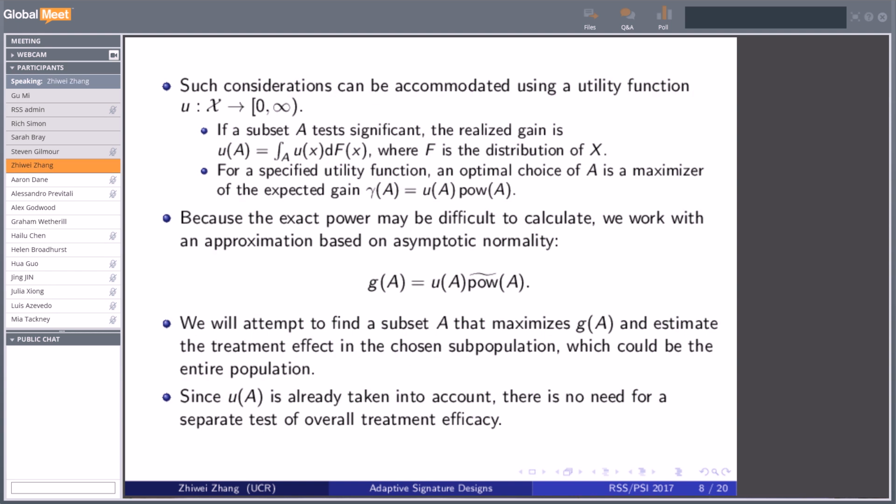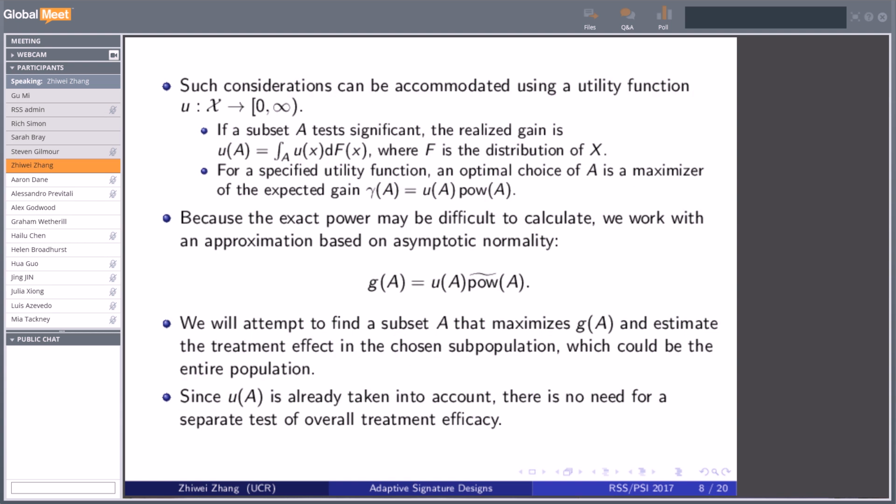For a specified utility function, an optimal choice of A may be defined as a maximizer of this expected gain, gamma of A, which is just the product of U of A with the power function. So that's what we want to maximize in the ideal world. In reality, the exact power may be difficult to calculate, and we work with an approximation based on asymptotic normality.